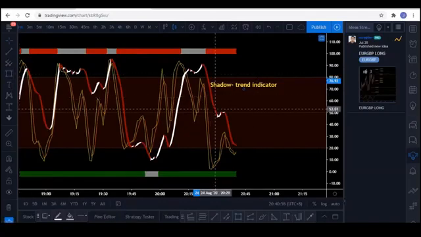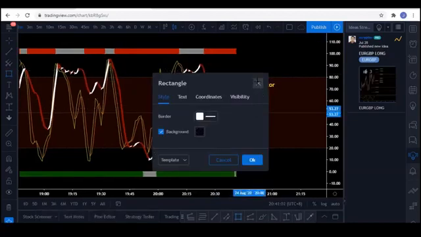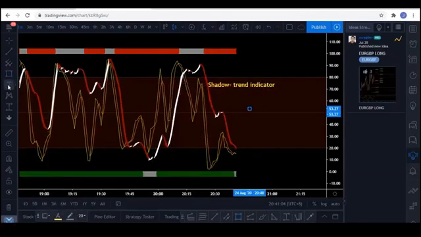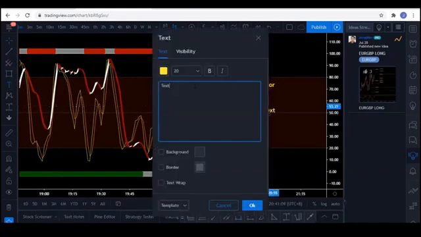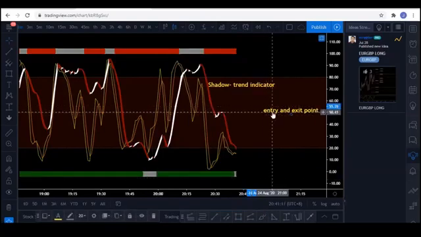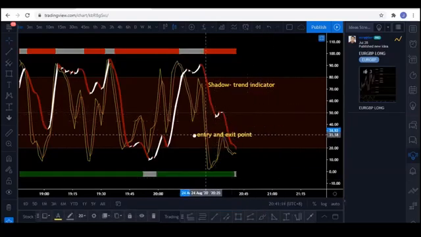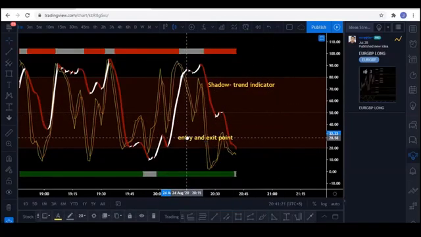This is our entry point, entry and exit point. This is where we're going to enter and exit.